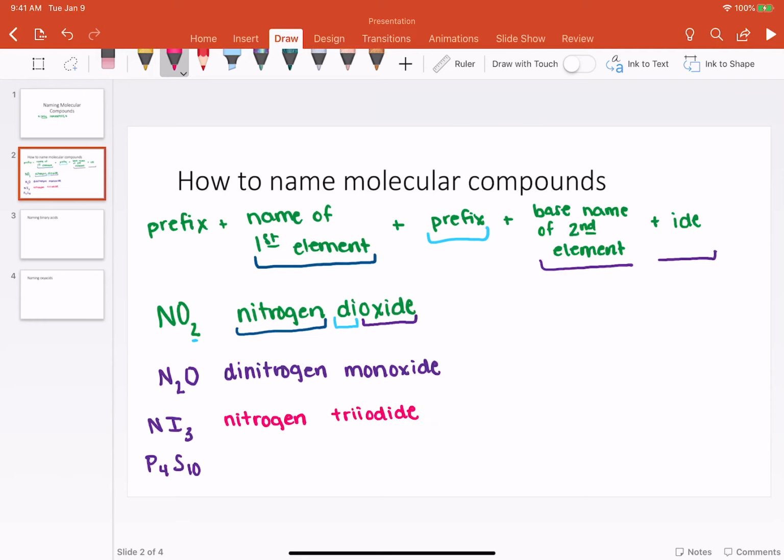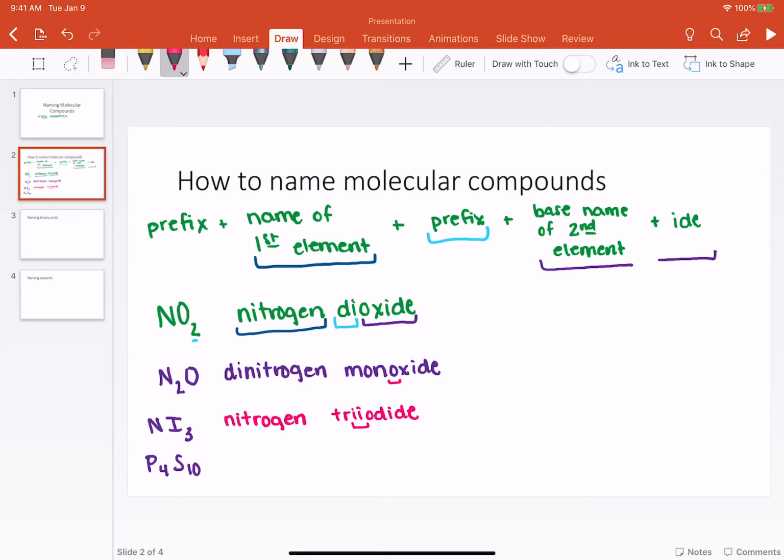And this one's a little bit confusing because even though we only use one N, we actually do use both of the I's. So the more examples of these that you see and the more you practice them, the more you'll be able to recognize when you form contractions between the prefixes and the base name of those elements.